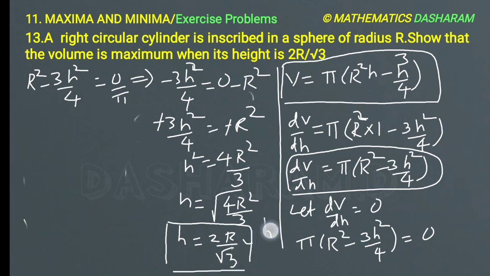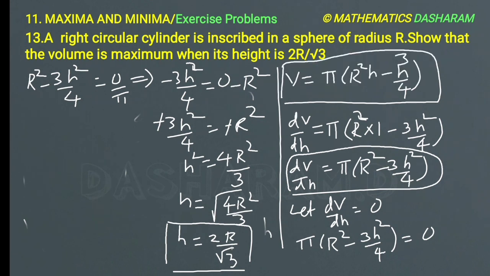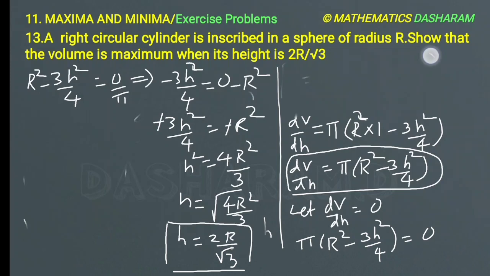But will this height give the maximum volume of the cylinder or not? Let's verify. If it is giving the maximum, then our answer is correct, otherwise wrong. So for that I am doing the derivative again. d square V by dh square equals d by dh of dV by dh.